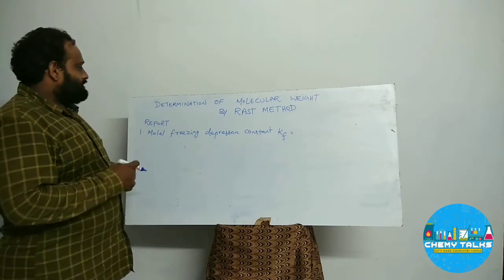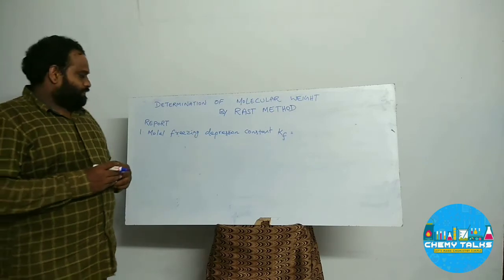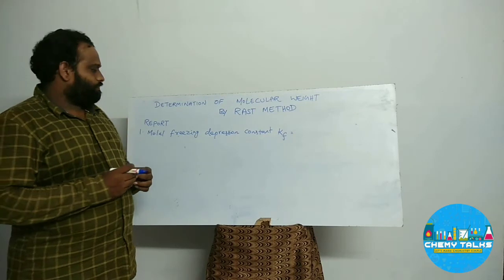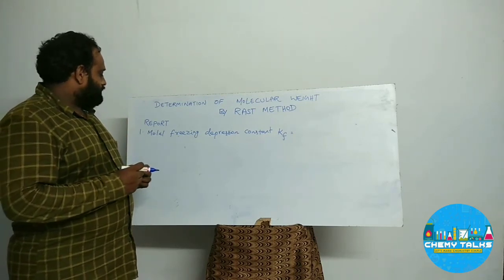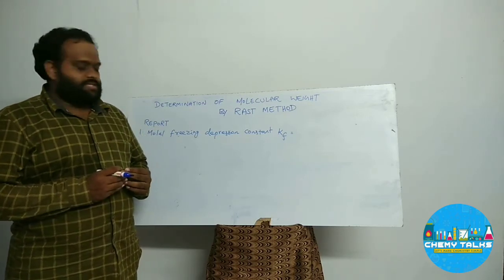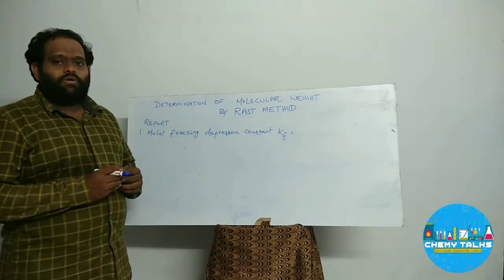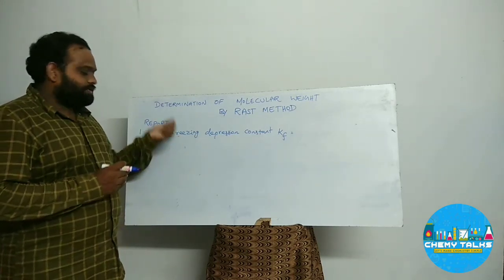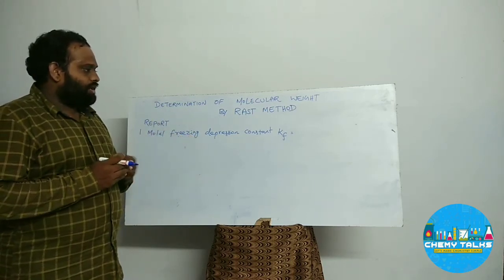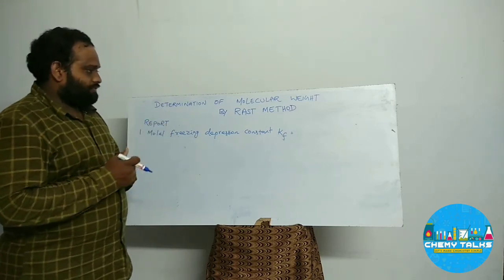I want to summarize the Rast method. First, the freezing point of the pure solvent is determined. After that, solute of known molecular mass at two different amounts is added to the solvent, and with each addition, the freezing point is determined.